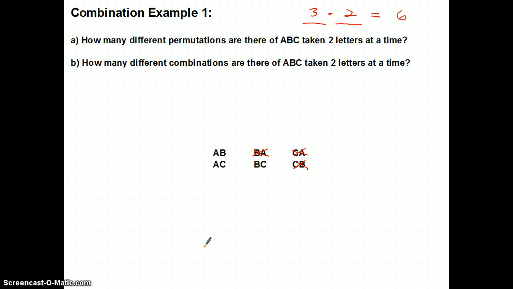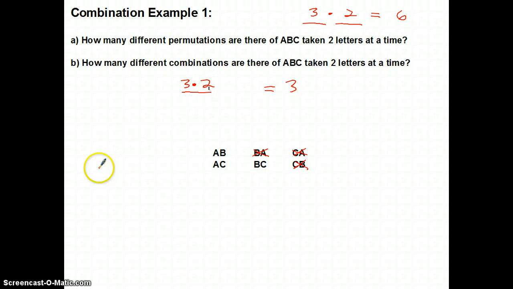And how many different combinations are there of ABC taken 2 letters at a time? We have a total of 3 different combinations of ABC taken 2 letters at a time. Now, how do we get the 3 mathematically? We figure out the permutation of ABC taken 2 letters at a time. So we have 3 times 2.